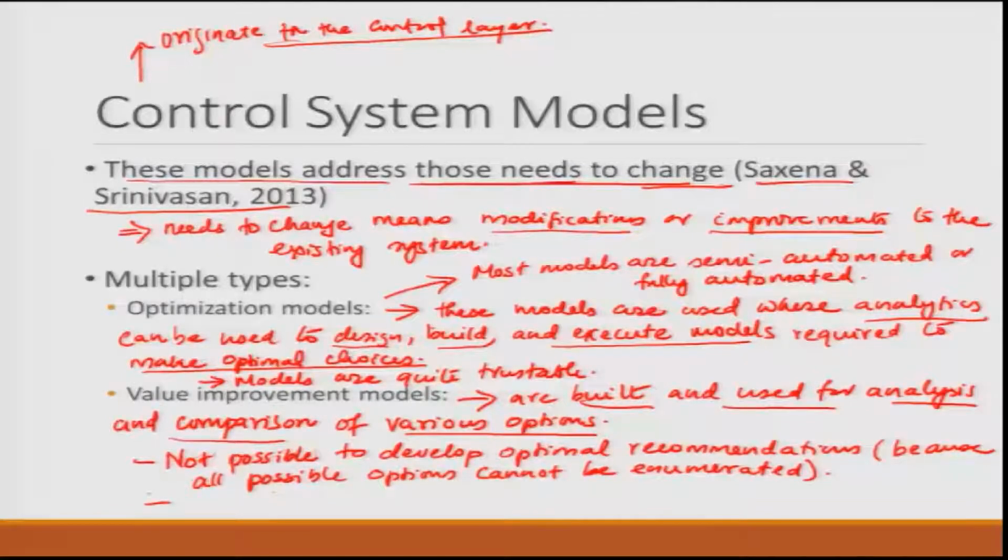The second part is that these mostly involve searching and comparing options. From the available options, you analyze them and say which looks like the best option. But we do not know if a better option is available, because that option is not considered.